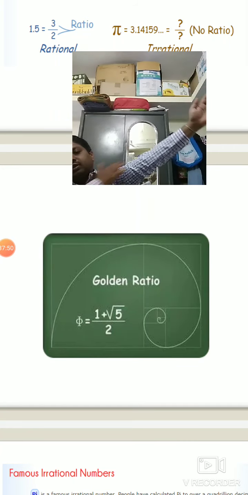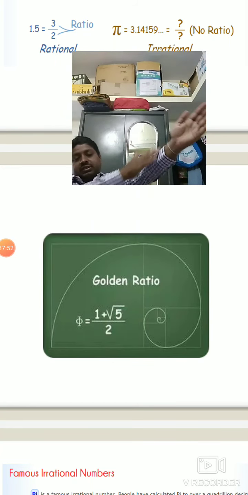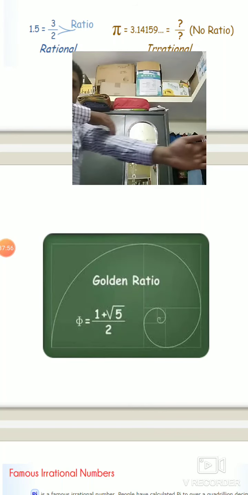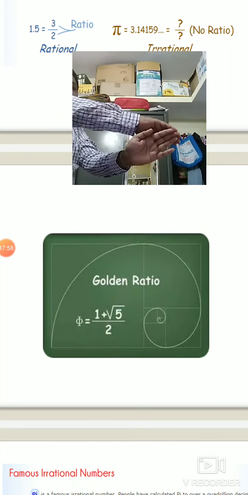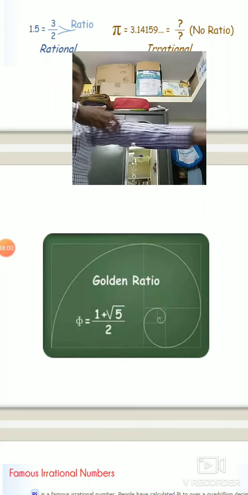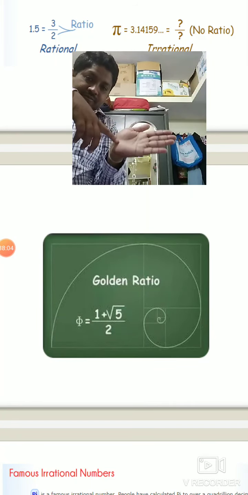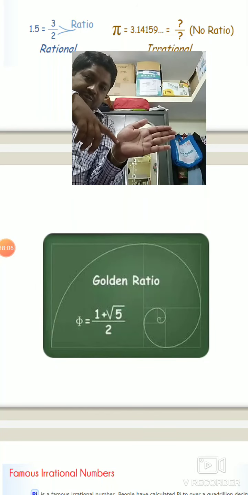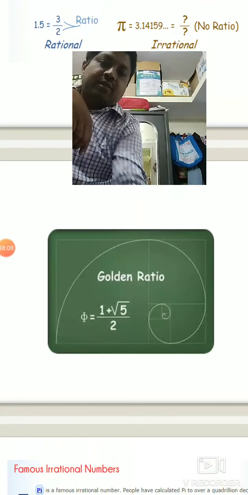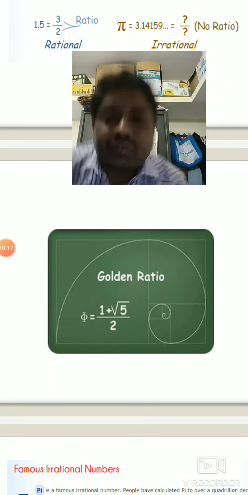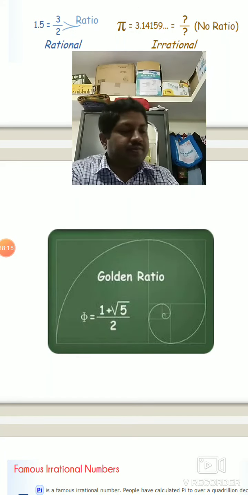Again, we can take this up to this. Everywhere you can see the golden ratio. You can find it out, isn't it?